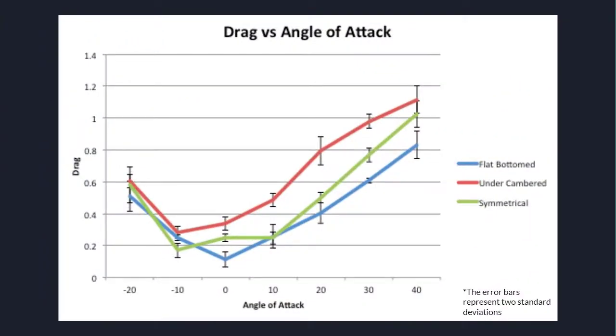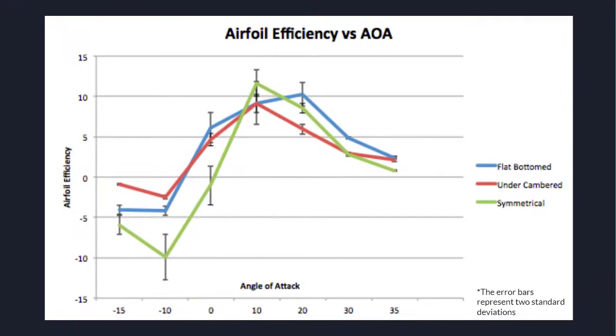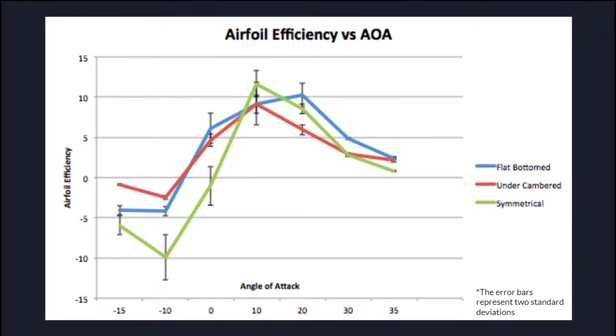My results showed the farther the angle of attack was from zero, the more drag was produced. The undercambered airfoil produced the most drag, followed by the symmetrical airfoil and the flat-bottomed airfoil. As you can see, airfoil efficiency went down like drag and went up and down like lift.